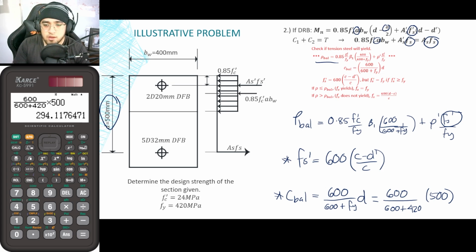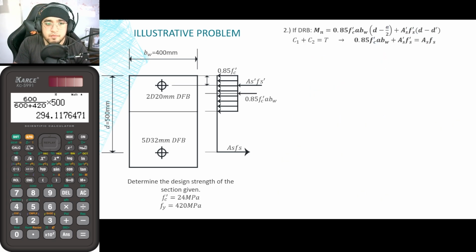Let me write this on my next slide since I do not have any space. So again, c balanced is equal to 294.118.